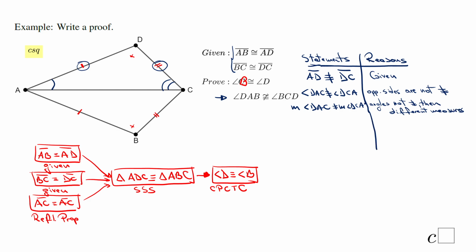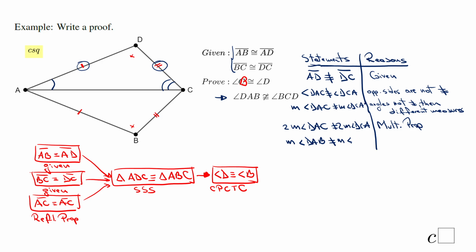Okay, and then we can multiply each side by 2. 2 times the measure of angle DAC should be different than 2 times the measure of angle DCA. Multiplication property of inequality, in fact, now. But twice this angle DAC will be angle DAB, and that means it's not equal to the measure of angle BCD, twice this angle.